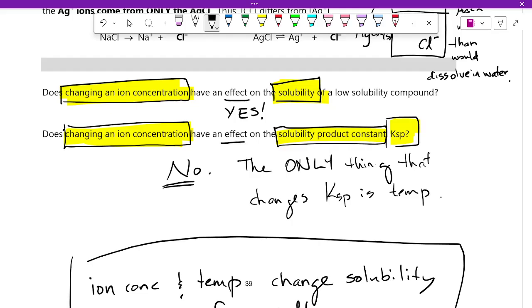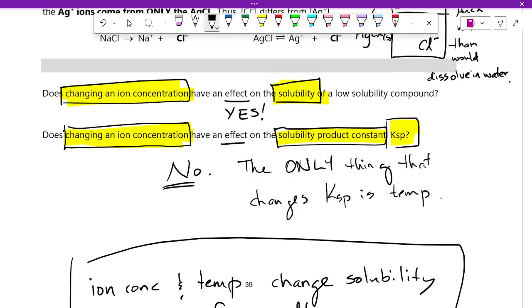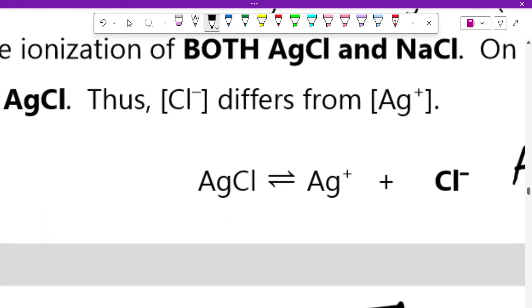And if you did the homework, you should know some of them already. Can I change the solubility of silver chloride by adding more silver chloride? No. I'll just have a bigger pile of solid. I cannot make any more dissolve.